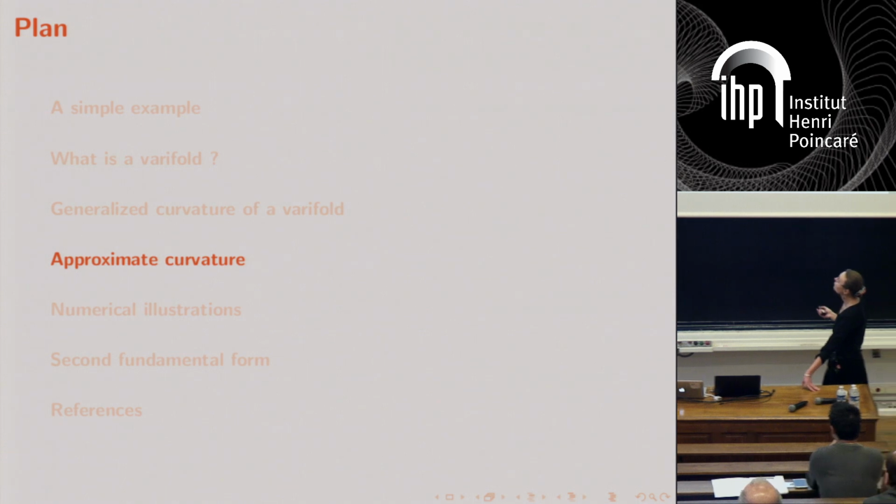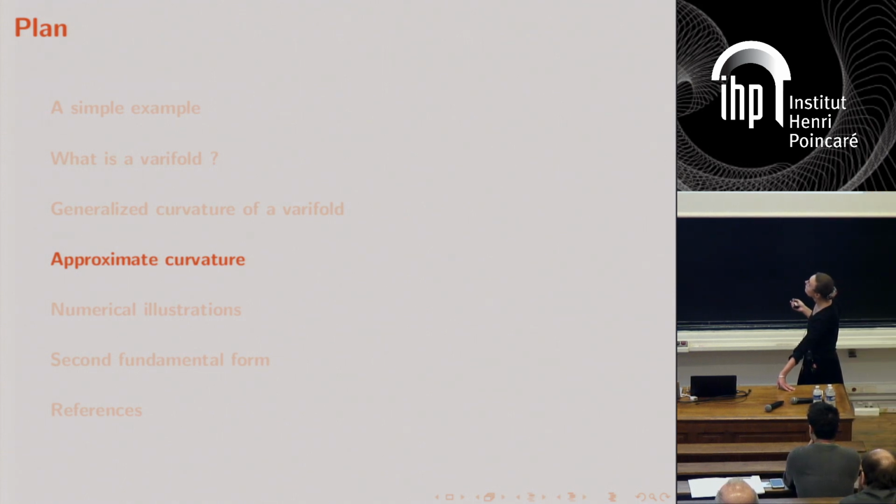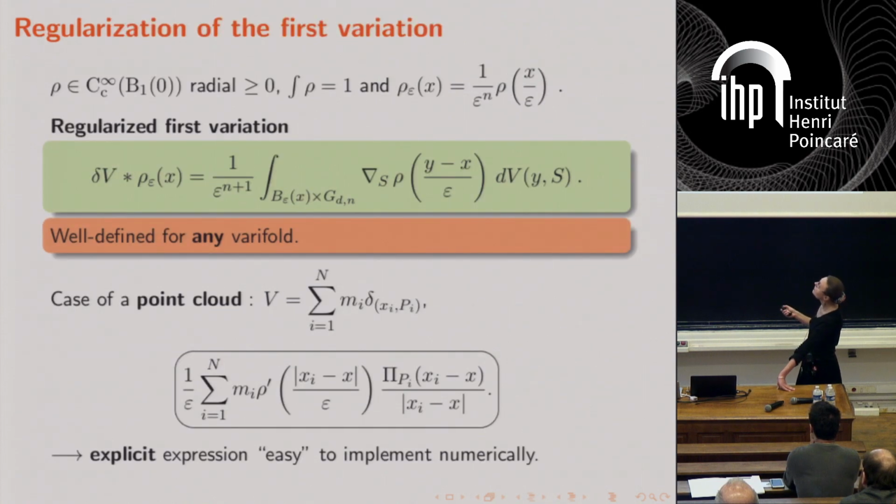So for that purpose, we define an approximate curvature based on this notion of curvature. And the idea is that you take your object, okay, that is not regular enough, and you regularize it. So now, not only do you have something that is a distribution of order 0, but you have even a nice smooth function, okay?